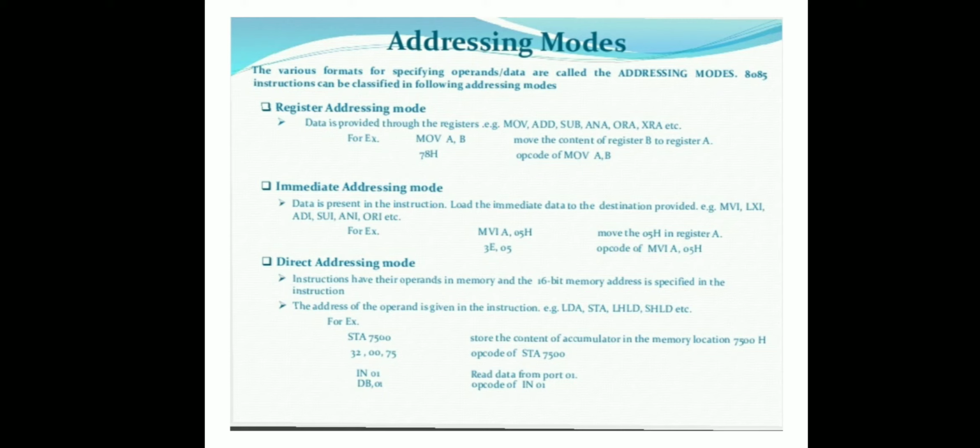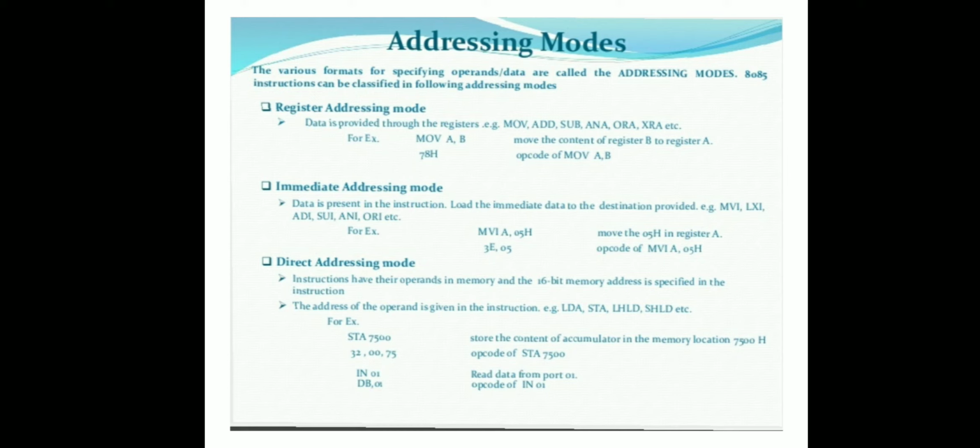Take the first one, register addressing mode. In this addressing mode, the data is provided through the register itself. It means the data is not given by the instruction. For example, MOV A, B. After execution of this instruction, the content of register B is moved to the accumulator.